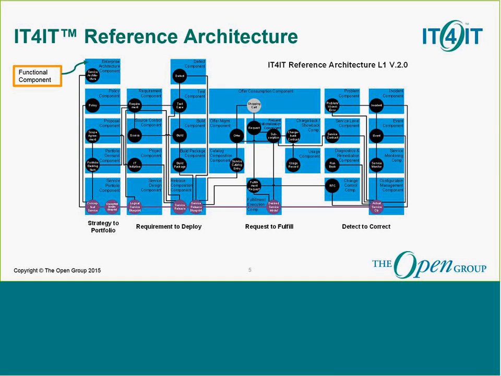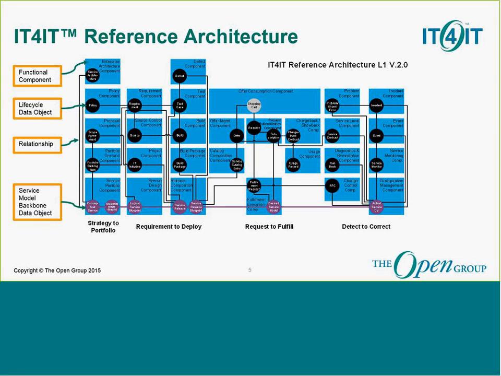The blue boxes are the functional components that act on the artifacts, and the artifacts are these black boxes, so they're lifecycle data objects, tied together through solid lines that represent relationships between the data objects.